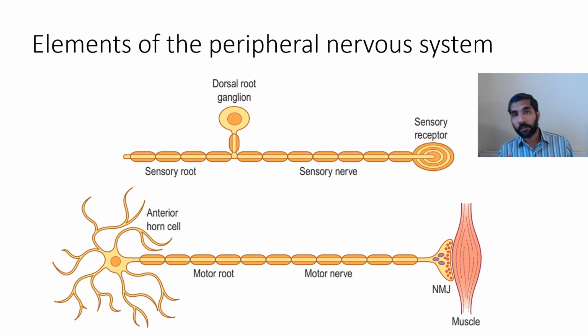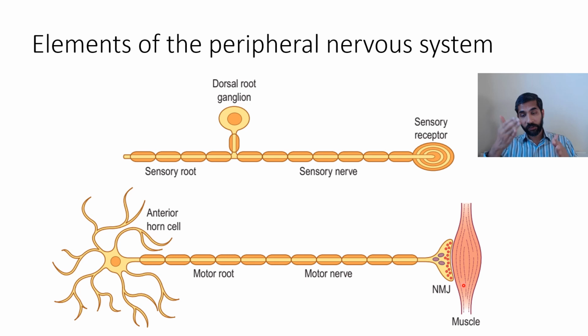Okay, so let's think about the peripheral nervous system then. So what are the elements of the peripheral nervous system? As we've already said, you have the sensory part and you have the motor part, right? And the motor part consists of these motor neurons, which end in the muscle.